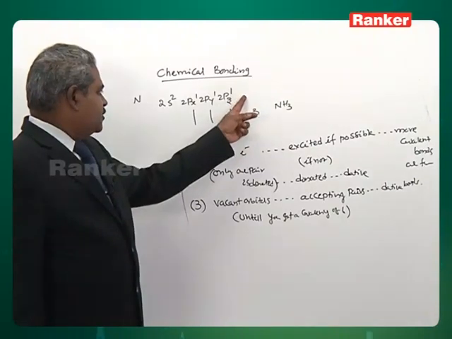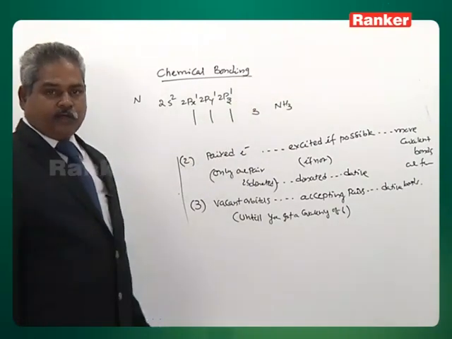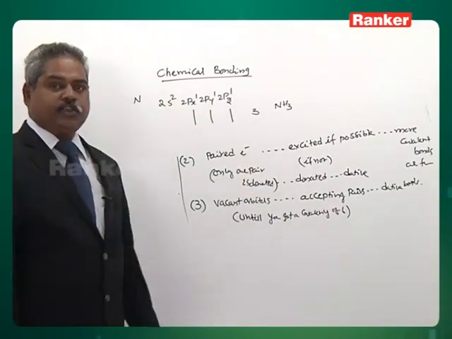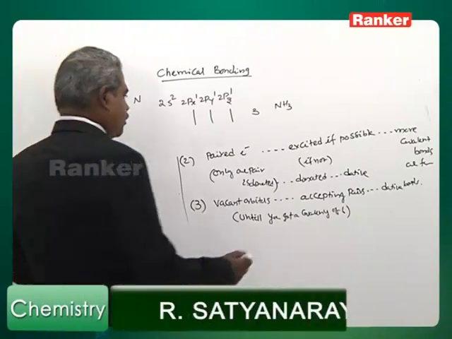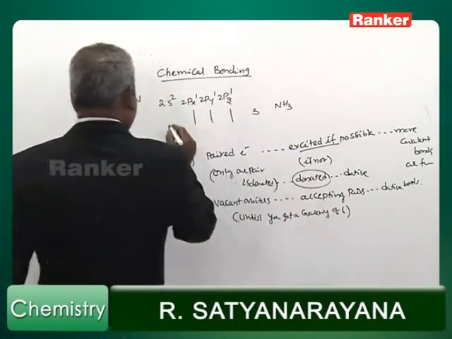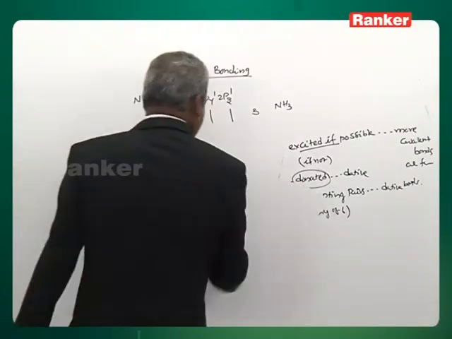We don't expect a 2d here. Therefore, the pair cannot be excited. So, here excitation is not possible. So, what will you do if excitation is not possible? You donate them. So, nitrogen donates that pair of electrons and forms the 4th bond.